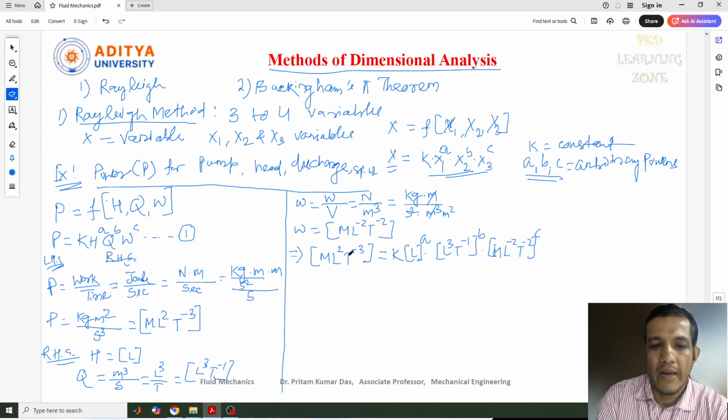Now we need to compare this left hand side and right hand side. What we need to compare? We need to compare mass with mass, length with length and time with time. So by comparing these, what do we get?